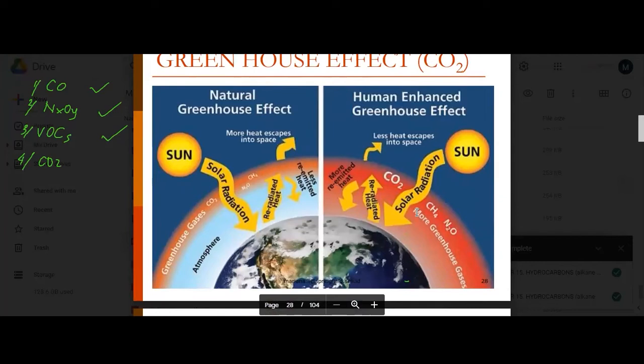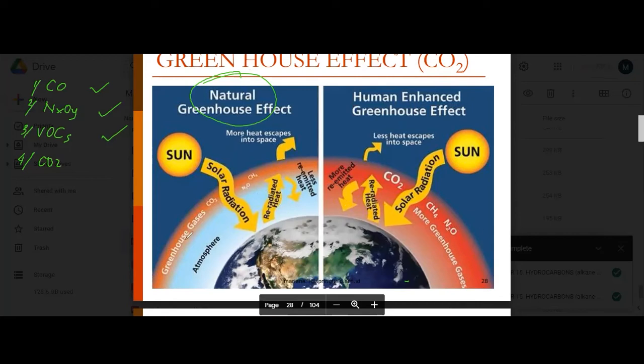It traps heat from the sun and makes the earth warmer, since otherwise the temperature of earth would be very cold if there is no sunlight. So this occurs naturally, but human activity sometimes increases the CO2 to very high levels.